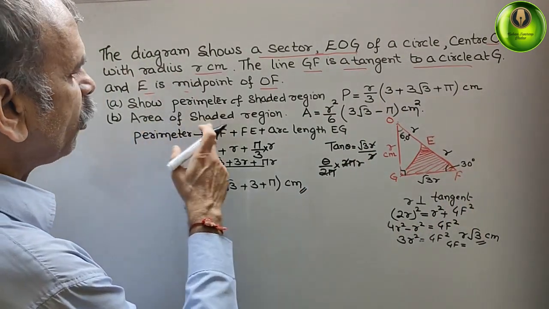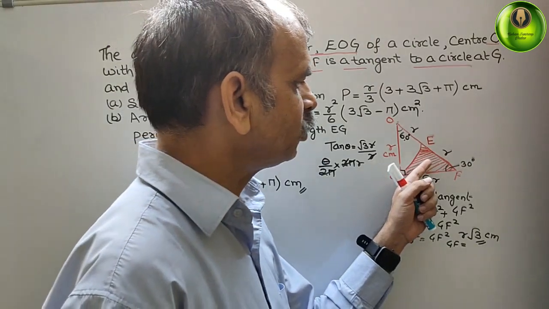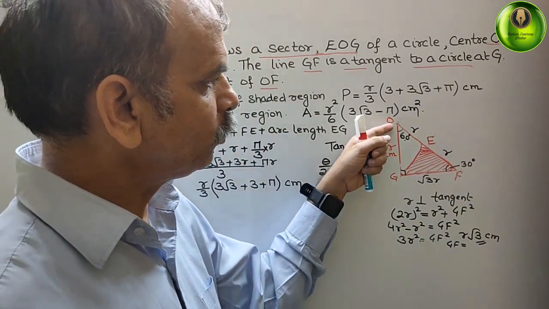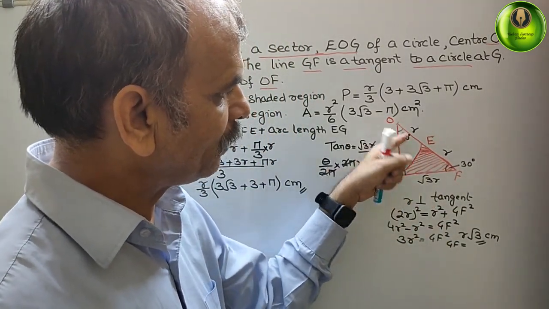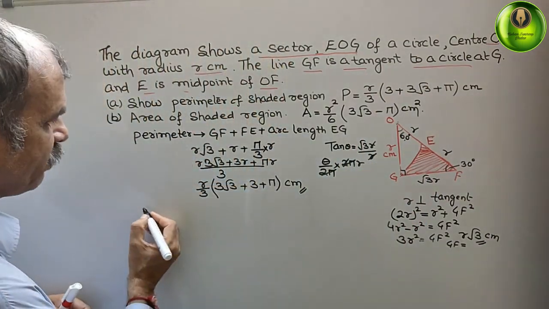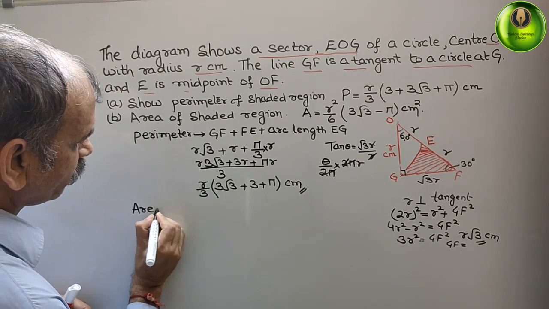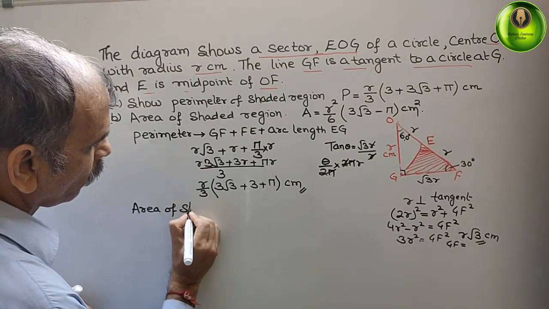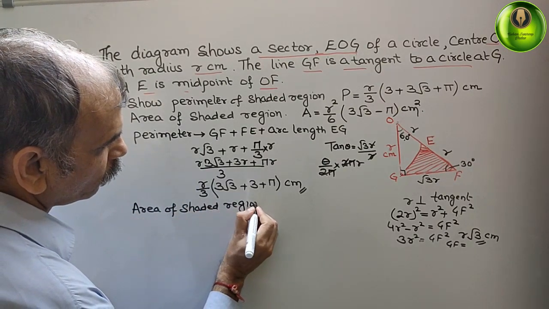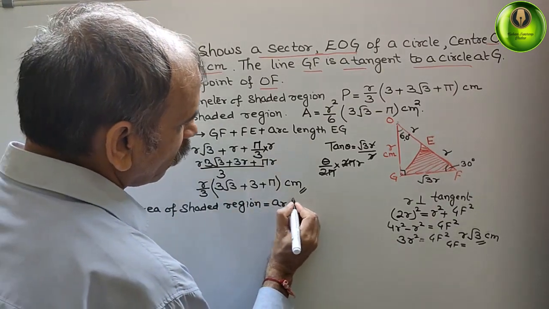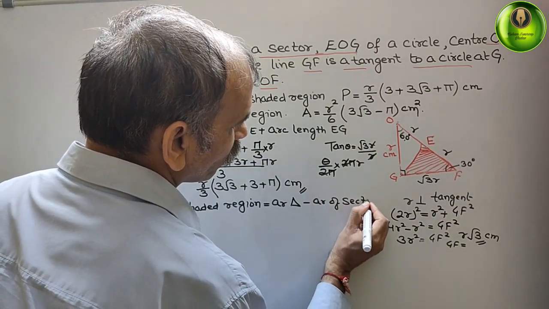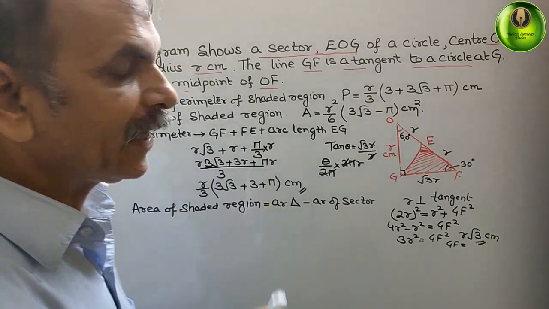Next comes the area of the shaded region. That means this red color you have to shade. So what is the area of that? Here we will take the area of the triangle minus the area of the sector. So the area of triangle is what?